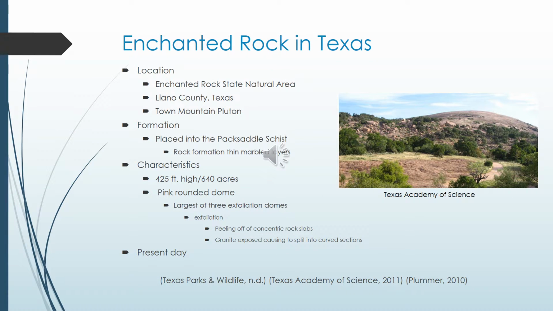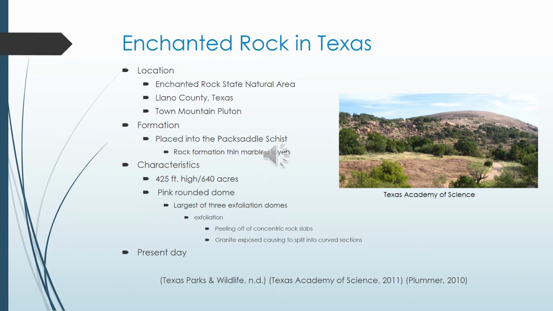Another example is Enchanted Rock in Texas. It's located at the Enchanted Rock State Natural Area in Llano County, Texas, and is part of the Town Mountain Pluton. The Enchanted Rock was placed into the Packsaddle Schist, and schist is a rock formation of thin marbled layers of various minerals compressed into the rocks, such as mica or shale, and formed through the process of metamorphism.